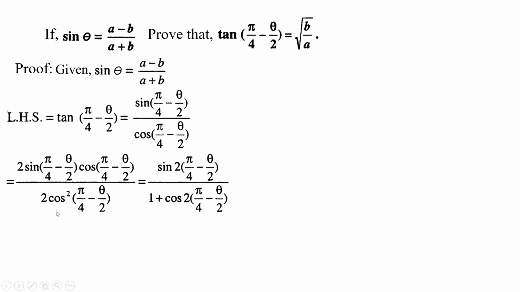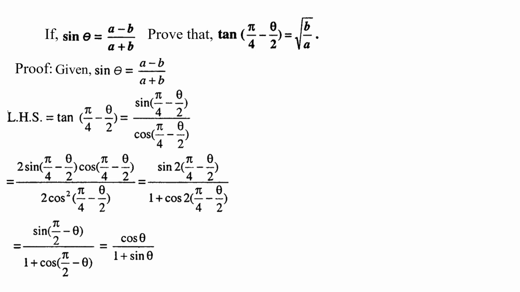And you know the formula 2 cos square a equal to 1 plus cos 2a. So 2 cos square pi by 4 minus theta by 2 equal to 1 plus cos 2 into pi by 4 minus theta by 2. Dear cadets, I think you all understand this problem. And multiply 2 into pi by 4 minus theta by 2, we get this line.